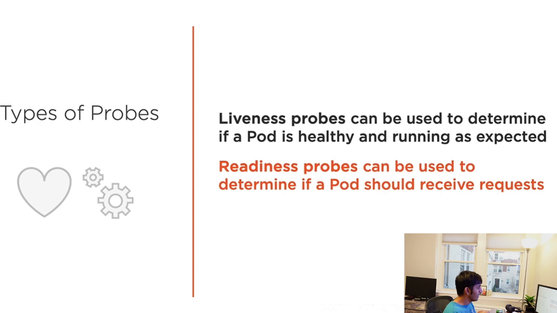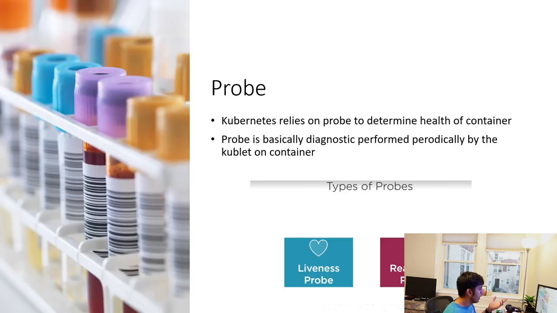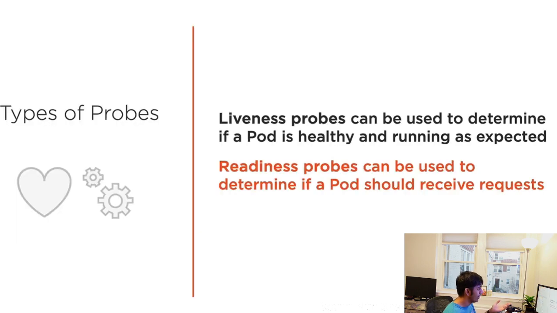Types of probes. As I said, there are two types of probe: the liveness probe and the readiness probe. Now, what is a liveness probe? Liveness probes can be used to determine if a pod is healthy and running as expected. A pod is running a container, so you can check if the pods are running healthy. A readiness probe can be used to determine if the pod should receive a request.